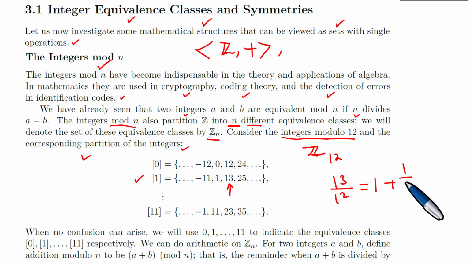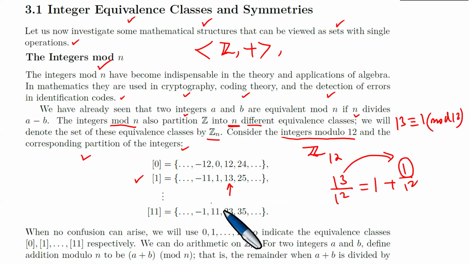The remainder is actually 1 out of 12, and obviously we're able to see therefore that 13 is equivalent to 1 modulo 12. Also we look at the next one, we have 25. 25 is also equivalent, because if you divide 25 by 12, the remainder is 1.